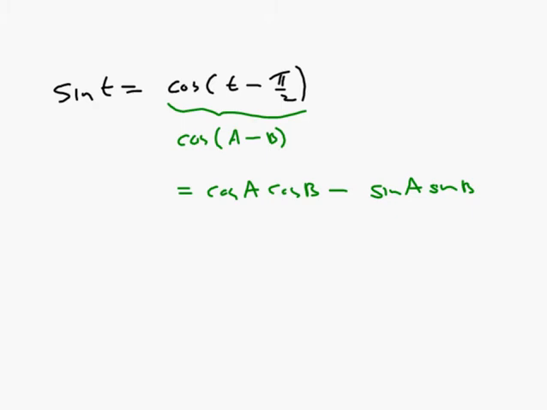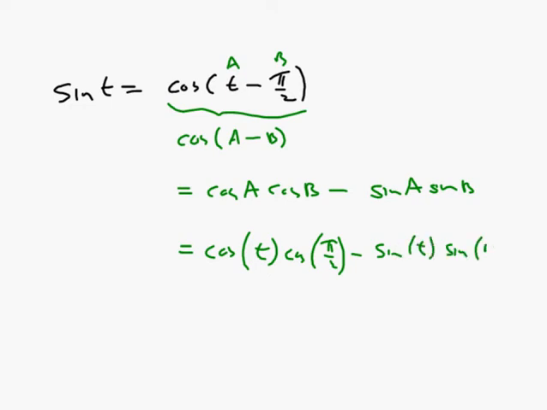So if we look at our problem, we can see that t is replacing a, and pi over 2 is replacing b. So I'm going to sub those values in. So we get the cosine of t cosine pi over 2 minus the sine of t the sine of pi over 2.